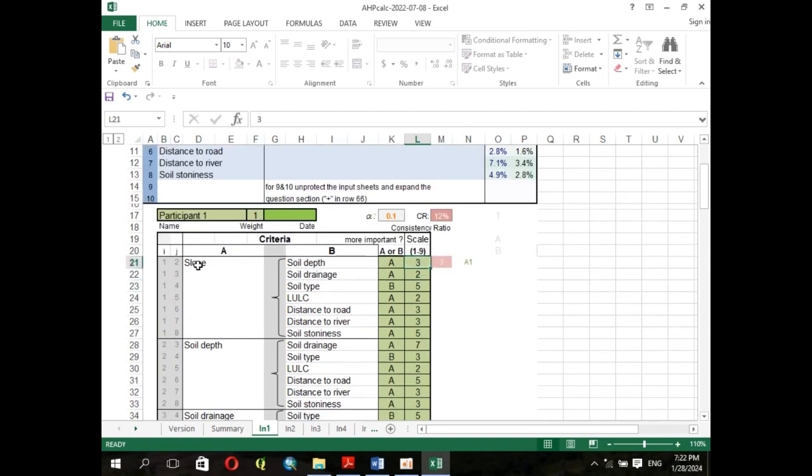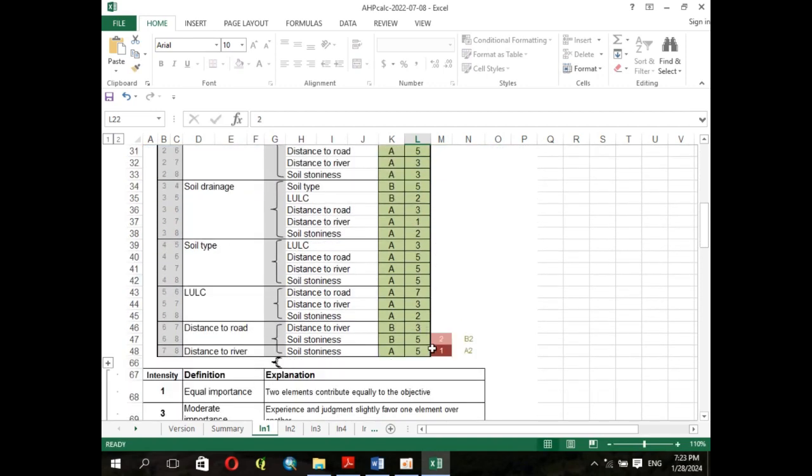For instance, the slope with the soil drainage, that means slope is greater than the soil drainage, and we have provided 3 here. Let us increase it to 5, for instance. You see, actually this increases our inconsistency, and let us stay with this and proceed to the second one here.